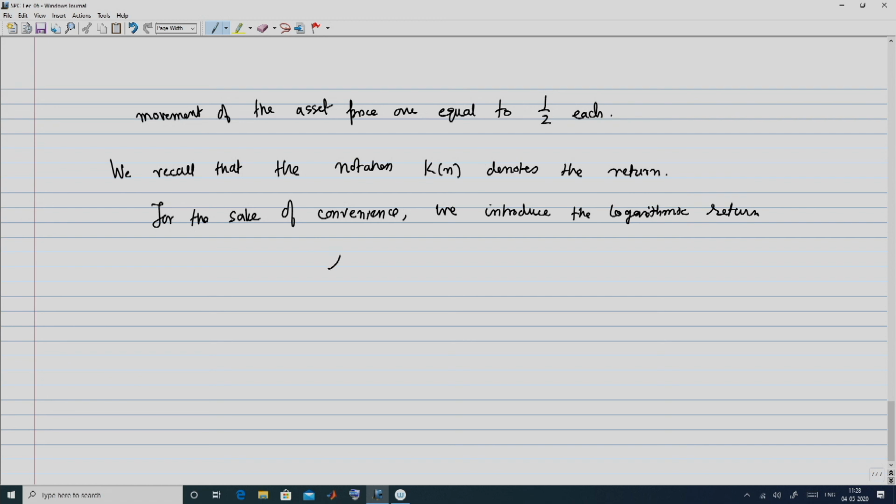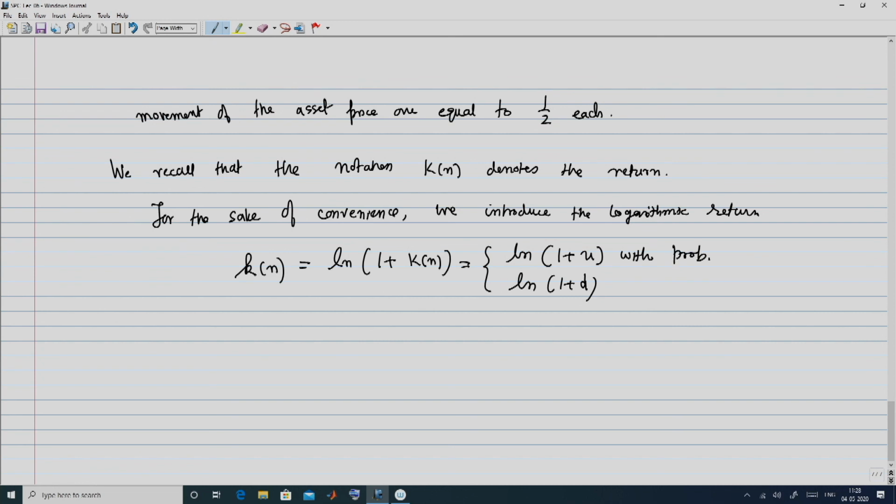So, logarithmic return is nothing but the natural log. Remember, in finance, log always means natural log, that is base e. So, the natural log of 1 plus Kn, I will define this to be the logarithmic return, which is small kn, and this can take the value ln of 1 plus u and ln of 1 plus d, and remember here we took the probabilities to be identical. So, kn can have probability half and half in the two scenarios. So, from now on we will primarily be using the logarithmic return.